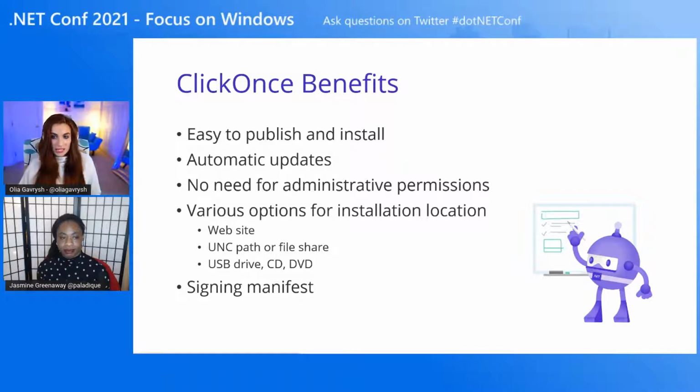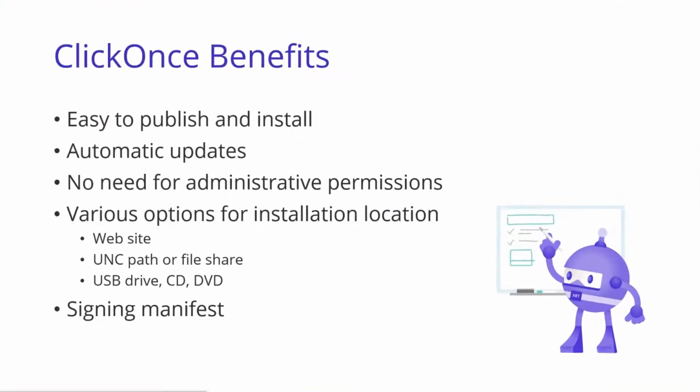So you can set up automatic updates, and only those parts of the application that have changed will be automatically downloaded. And then the full updated application will be reinstalled from the new side-by-side folder. There is no need for administrative permissions, so users without admin access can also install ClickOnce applications.